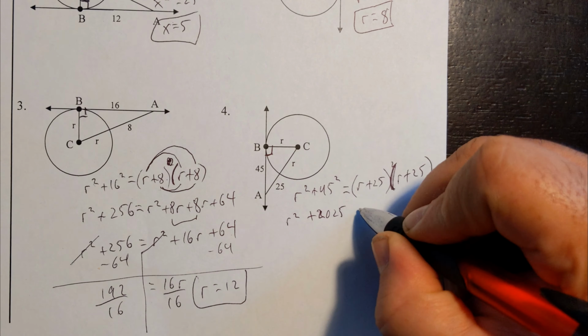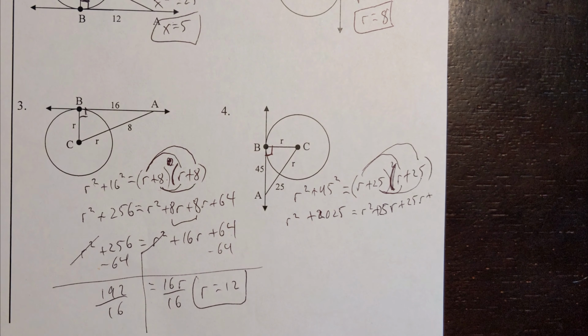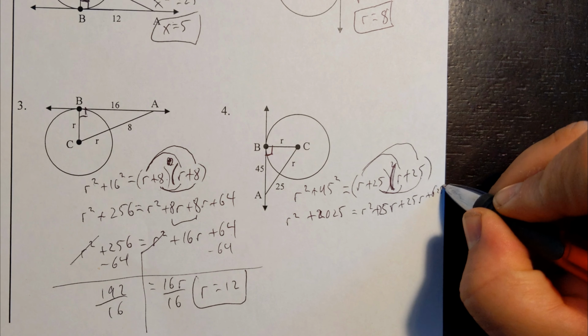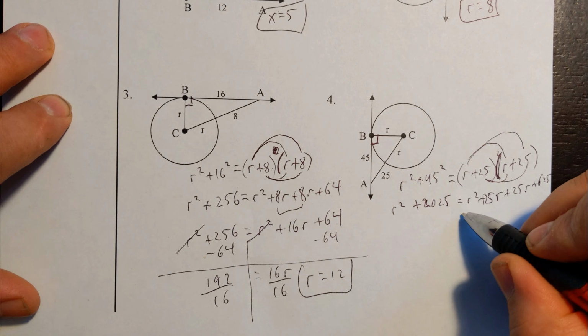Over here, r times r is r squared, r times 25 is 25r, 25 times r is another 25r, 25 times 25 is 625. If you look at it, once again, the r squared cancel because you have them on both sides.